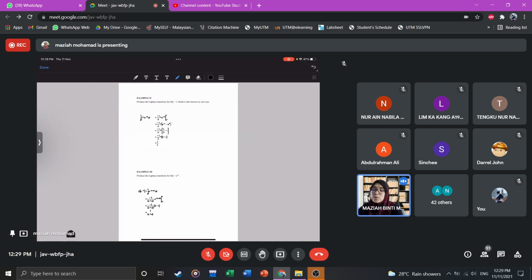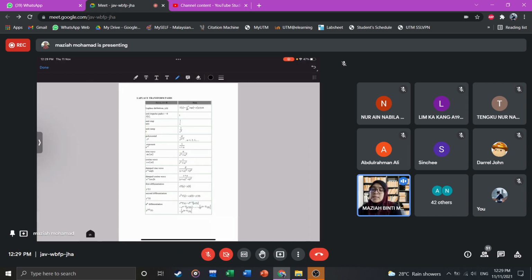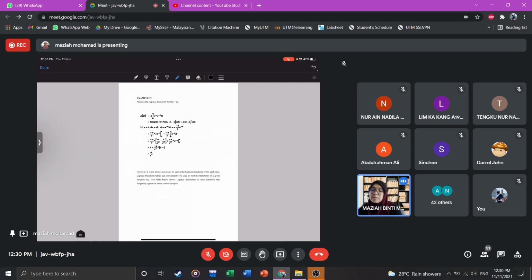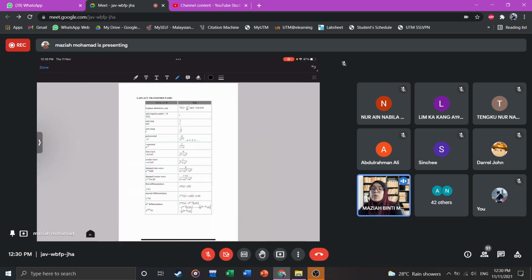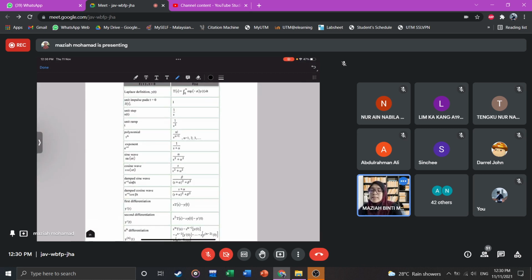Instead, we're just going to use this table, because it is not necessary to derive the Laplace form each time. There is already a Laplace table that can be used conveniently to find the transform of a given function.